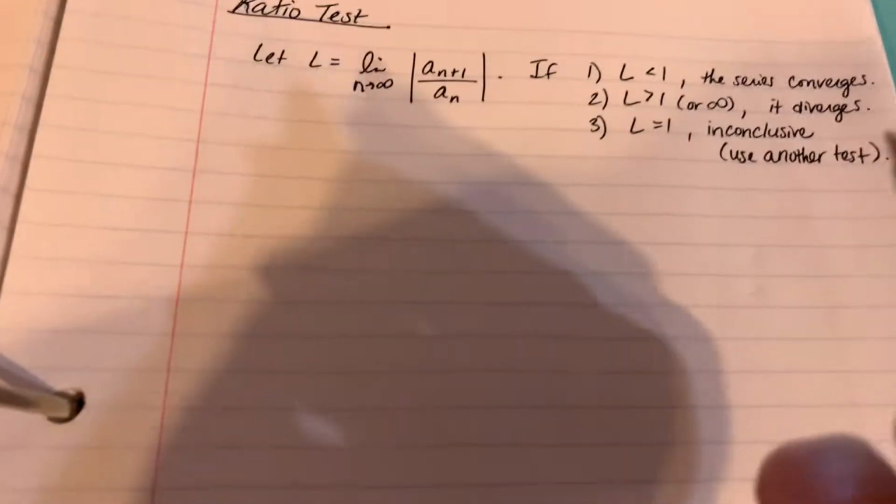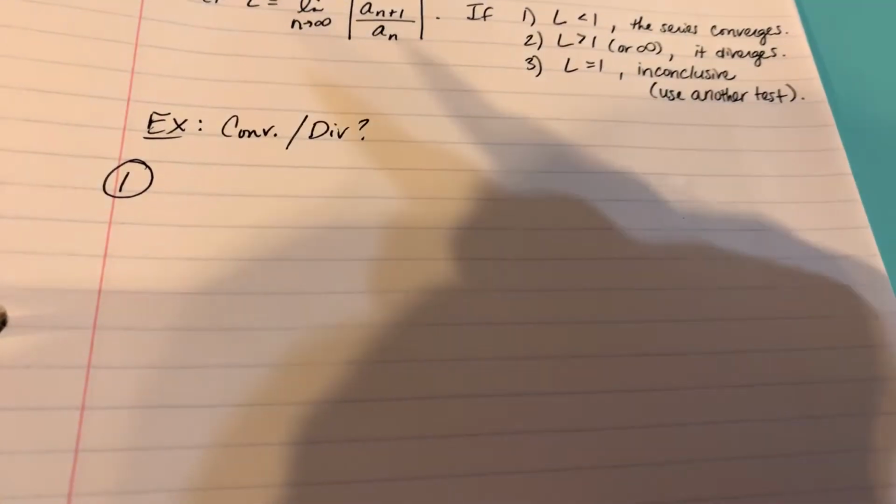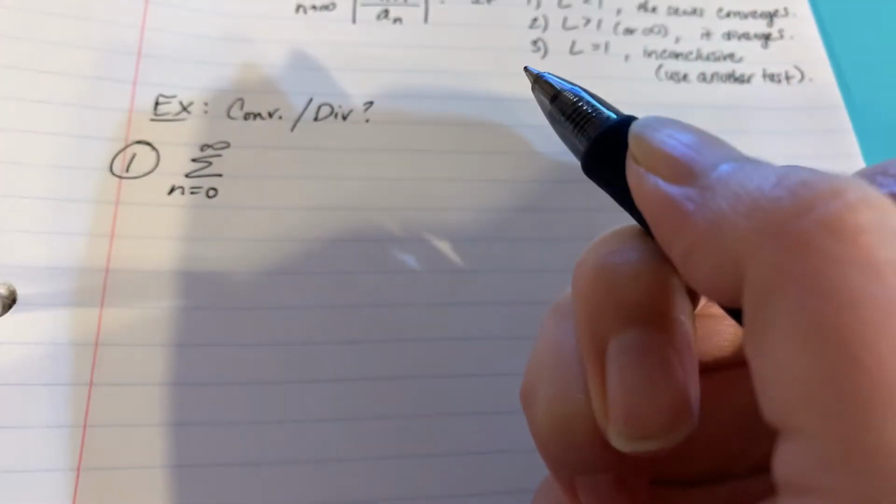Okay, so let's do an example. Does it converge or diverge? Number 1: the sum from n equals 0 to infinity of 2 to the n over n factorial.